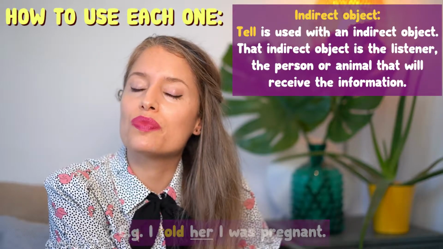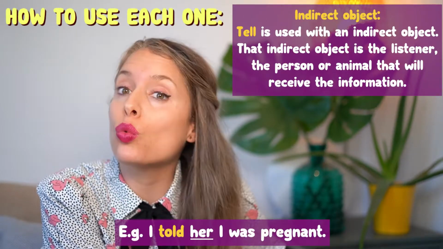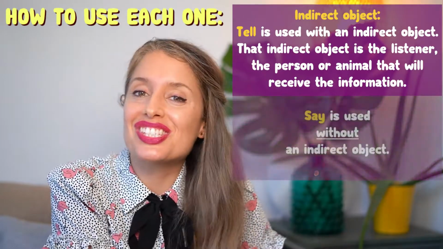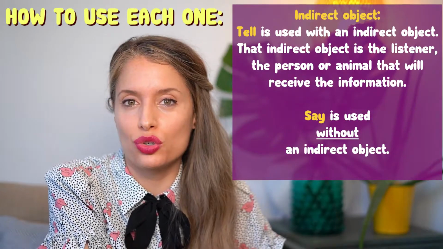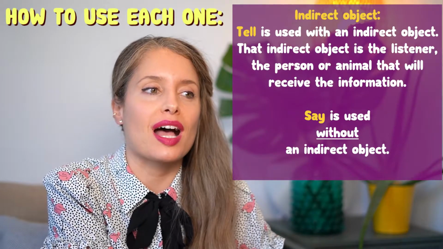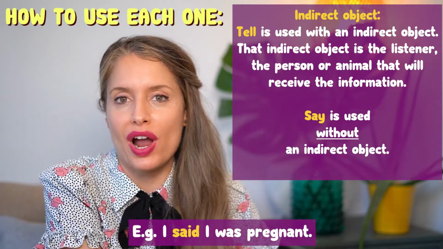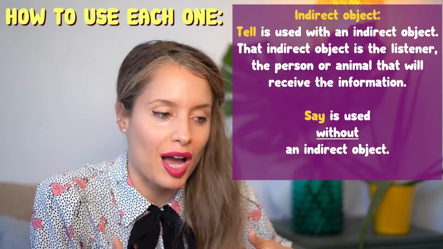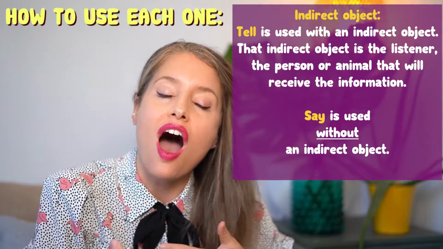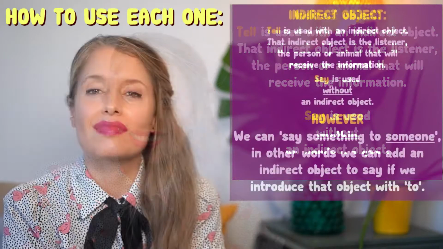For example, I told her I was pregnant. Now, say is not used with an indirect object. So, for example, I said I was pregnant. It's only me. I'm not telling anyone anything. I said I was pregnant.